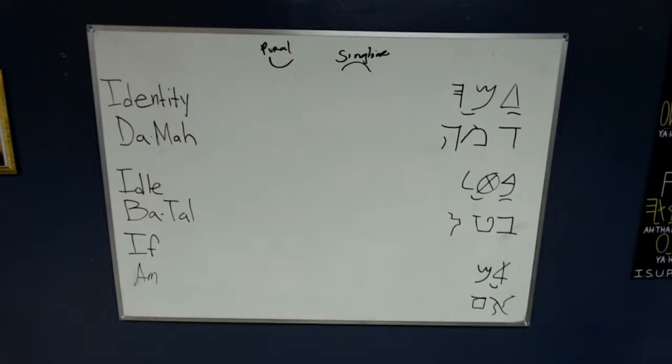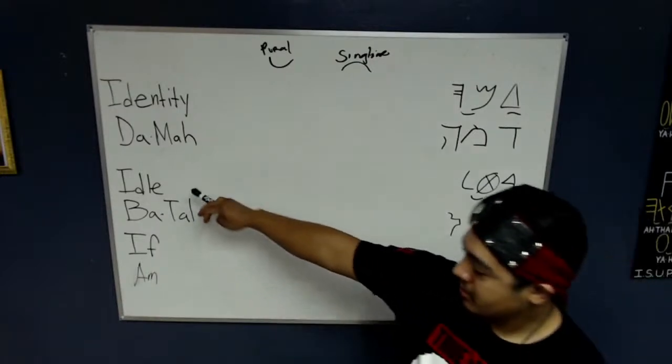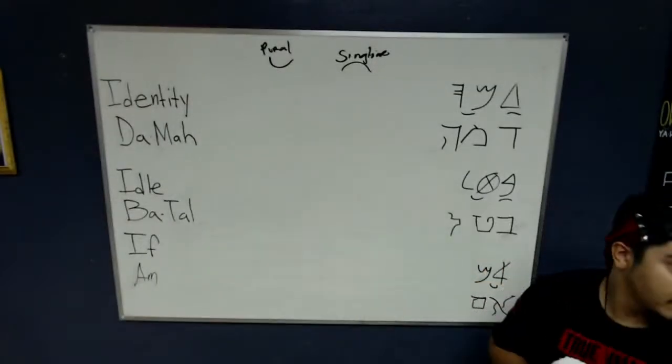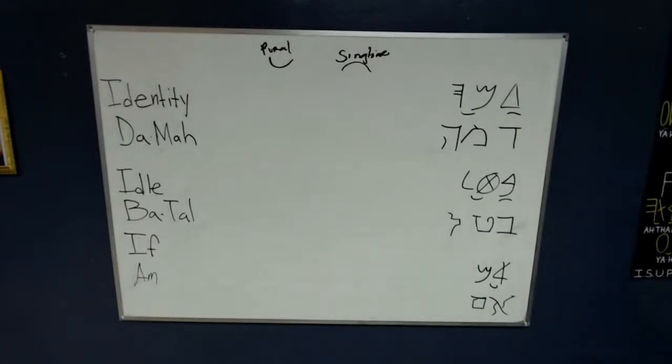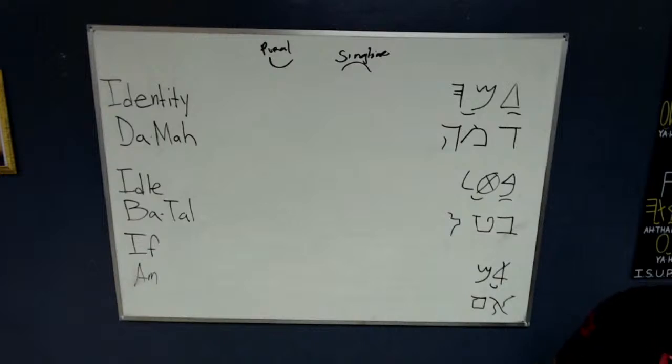Alright, so we're gonna pull up idol, right? So, the definition of idol: without purpose or effect, pointless. Another definition is of a person avoiding work or lazy.